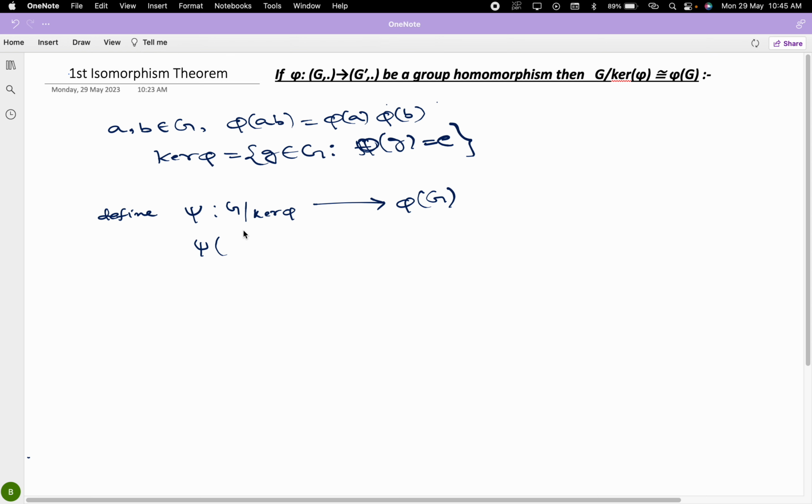G by kernel phi is a quotient group, quotiented by kernel phi, and its elements look like g kernel phi. I define psi of g kernel phi as phi of g.